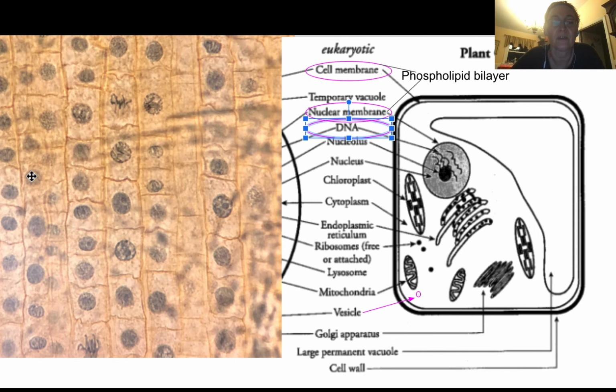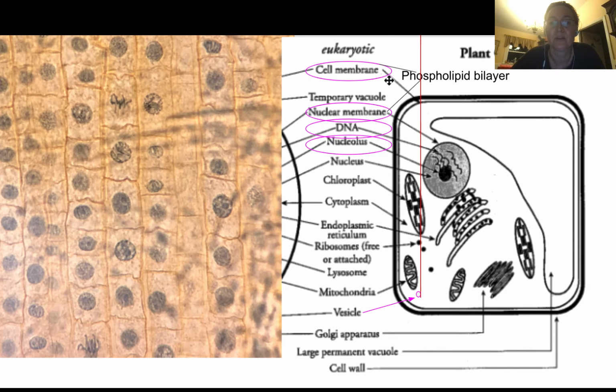In a number of these, there's like a dark dot inside the nucleus, and that is the nucleolus. And we will learn about it later. But for now, we can be ecstatic to know that we could actually see that through a microscope.